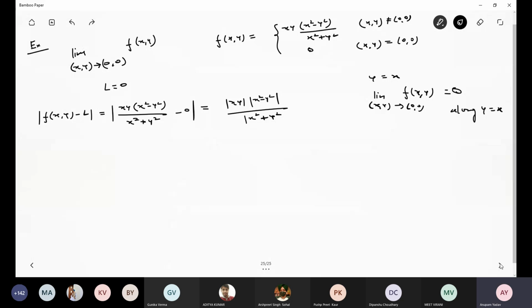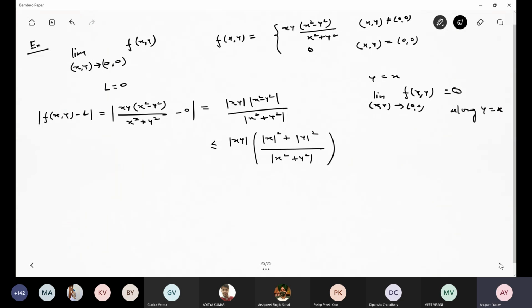This mod in the denominator we may skip because x square plus y square is a positive quantity. Now let us use the triangle inequality and we can write this as less than or equal to mod xy times (mod x square plus mod y square) divided by (x square plus y square). You can take the square of the mod or the mod of the square, that's the same.